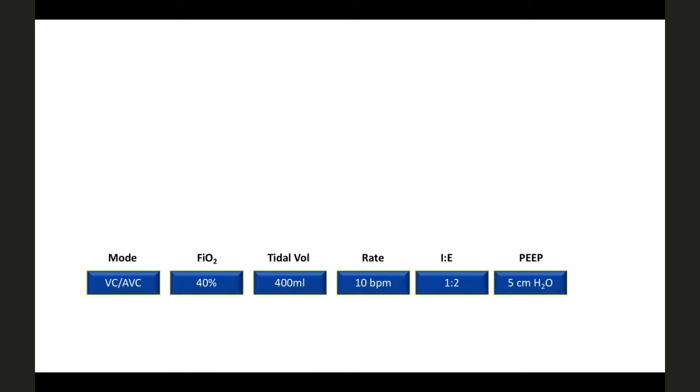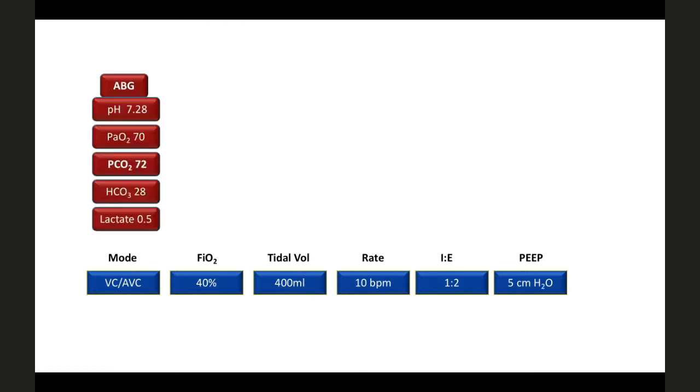Okay, for our patient, I have set assist volume control mode, FiO2 of 40%, tidal volume of 400, rate of 10, IE ratio of 1:2, PEEP of 5. I get an ABG done. ABG shows a pH of 7.28, PaO2 of 70, which is okay, PCO2 of 72, which looks slightly increased, not acceptable. So what to do?